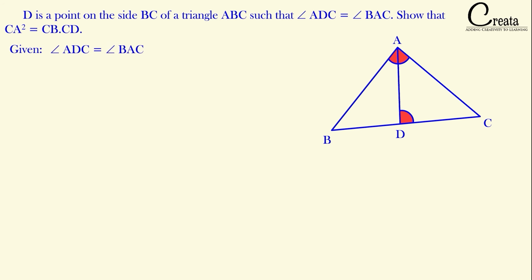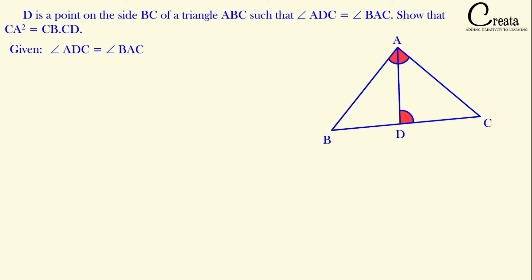So these two angles are given as equal to each other. Here angle ADC is given, which means this triangle may be applicable in this question. And further, angle A, this big angle, is given, which means this big triangle ABC can be applicable in this question. Let's see whether these two triangles are applicable or not.